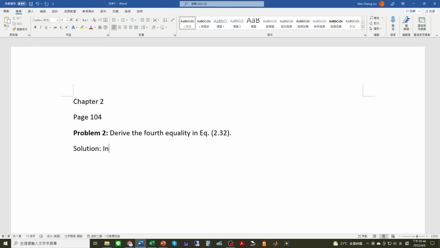In matrix property, this should be boldface, 1.9.2-G. We know that.